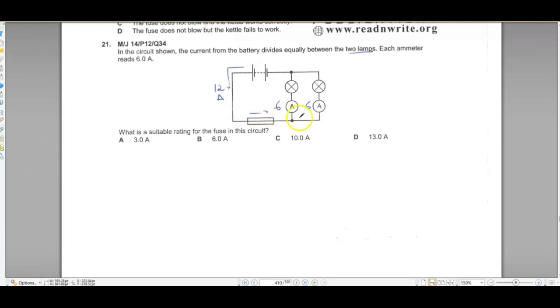Because these are identical lamps and the current is equally divided between the two lamps. So when the current reaches here, 6 ampere is going to go here and 6 ampere is going to go here. So the total current over here was 12 amperes.